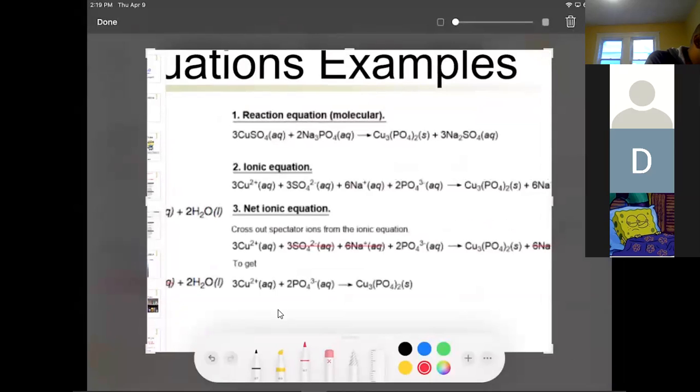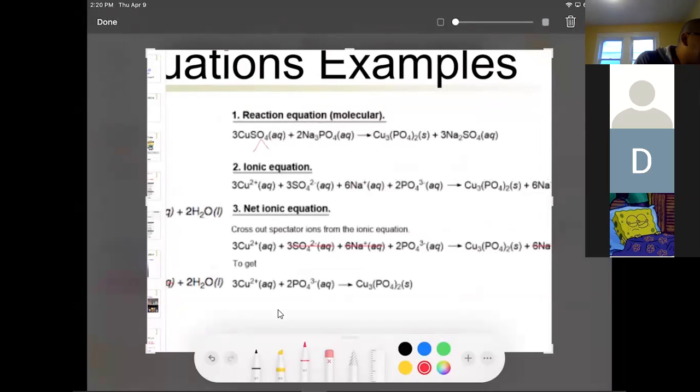Here we have AQ, so it's going to break up into Cu, but because there's a 3 in front, we have to put the 3 plus SO4. So there's 3 of the SO4s. Once again, you have to make sure that you recognize those polyatomic ions.